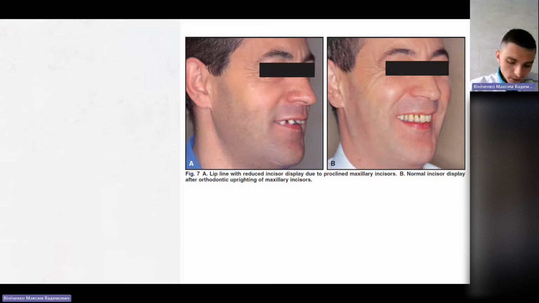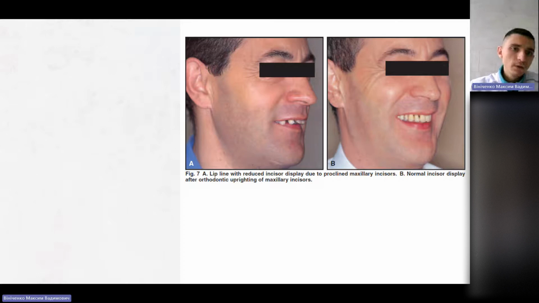So, for example, we need to use the anchorage of group A. So we don't need to retrocline the incisors. We need to make a mesialization of the molars and premolars, or even make an orthodontic surgery.